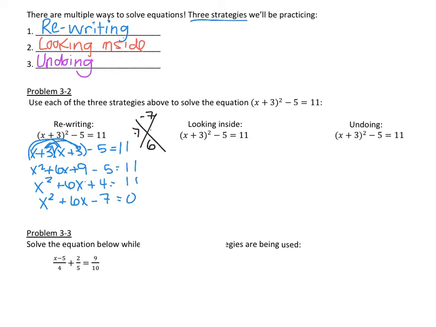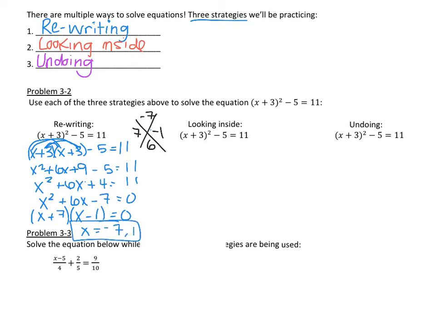So positive 7, negative 1, and that's how I'm going to factor. X plus 7 times x minus 1 equals 0. And then I'll get my 2 solutions, which would be negative 7 if x plus 7 equals 0, or x minus 1 equals 0, so x would equal negative 7 or 1.